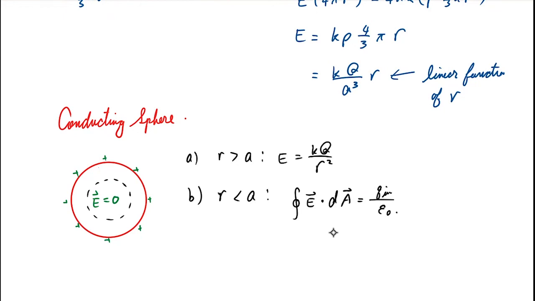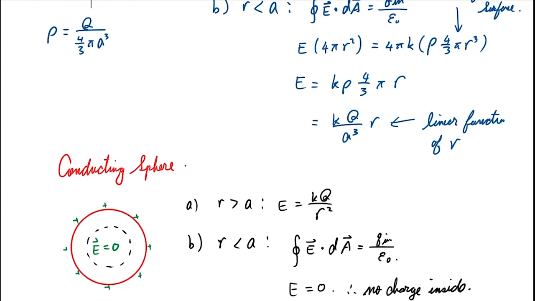So the whole thing is equal to 0, which means Q inside is equal to 0. So there's no charge inside. Good. Okay, we're kind of running out of time, so let me do this.